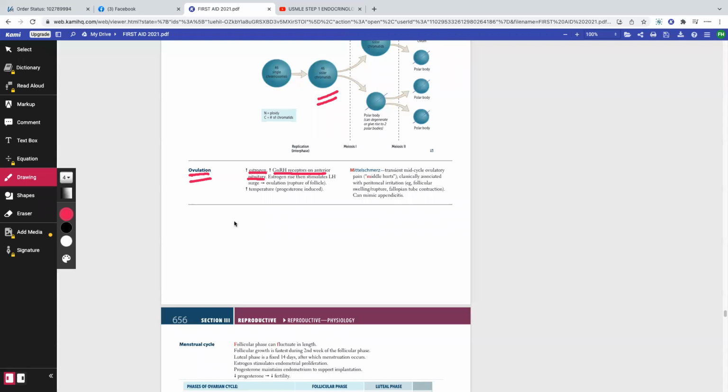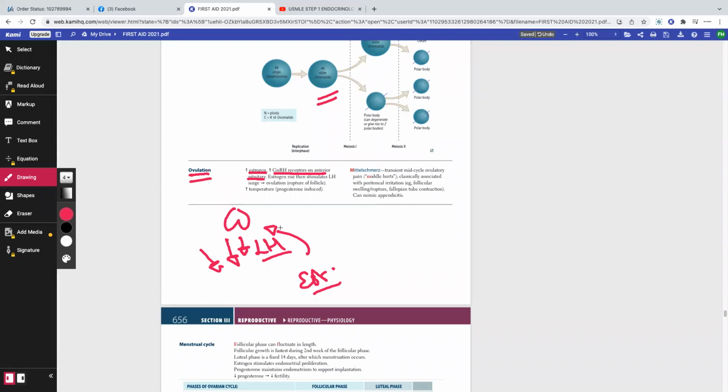The estrogen stimulates the anterior pituitary to release more LH. Usually there's a negative feedback, but during ovulation this turns into a positive feedback. So the estrogen now works on the anterior pituitary to release more luteinizing hormone, which in turn releases more estrogen. So there's a sudden surge of luteinizing hormone and estrogen.